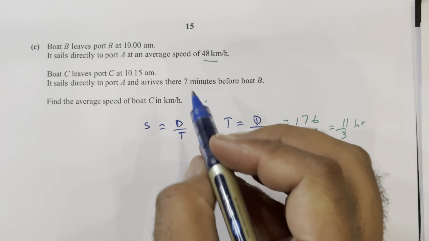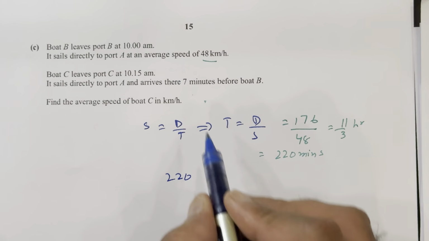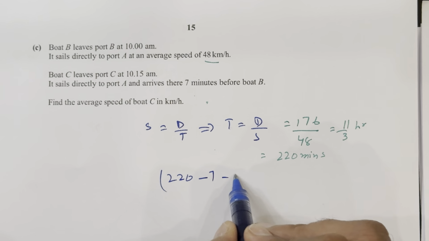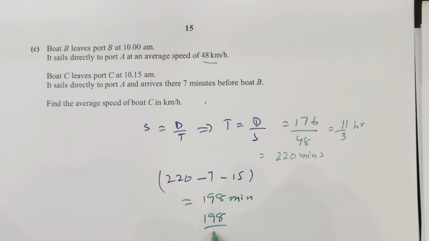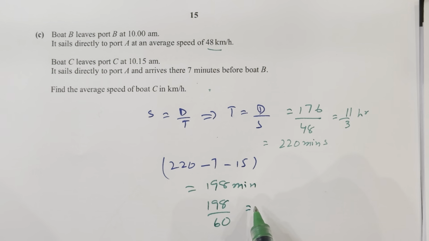We also know that boat C reaches 7 minutes before, and it also started 15 minutes late, so you get the value that is 198 minutes. Convert it into hours by dividing it by 60. You get the value that is equal to 33 by 10 hours.